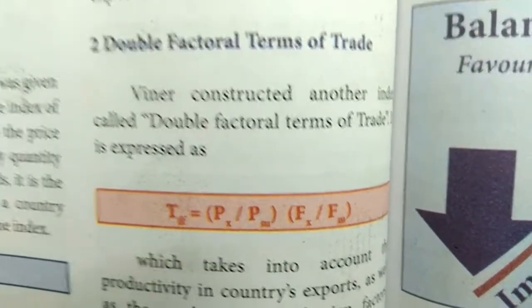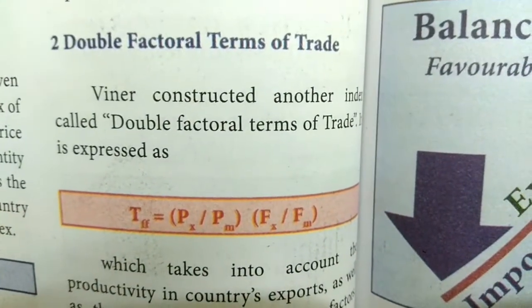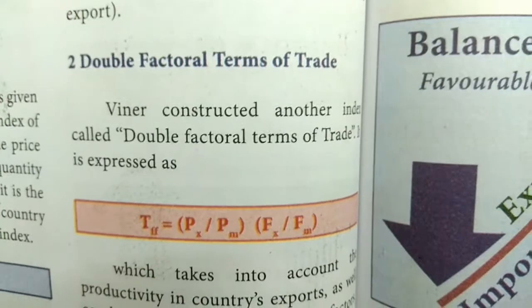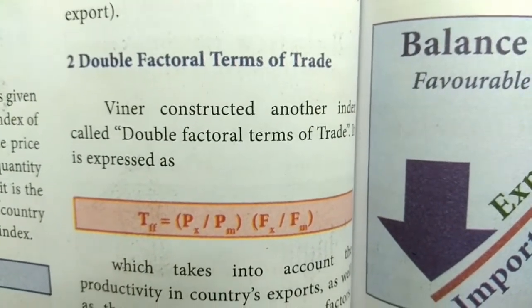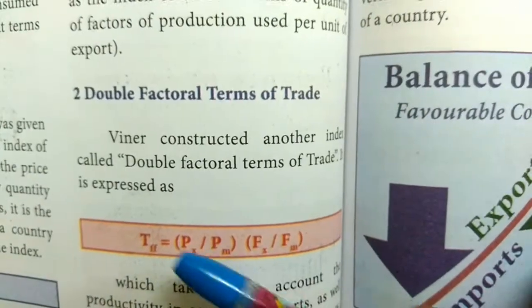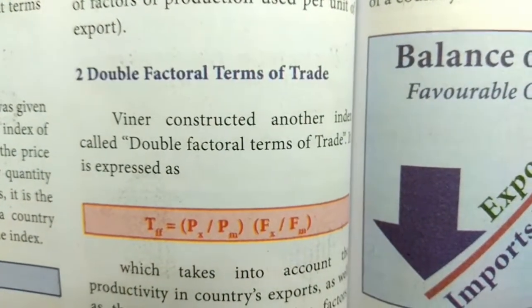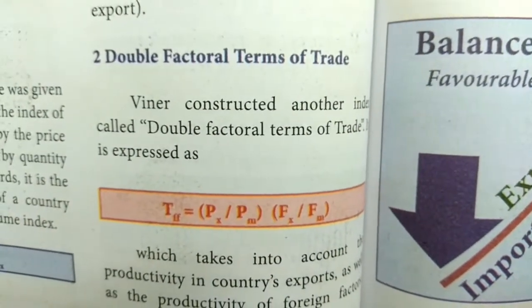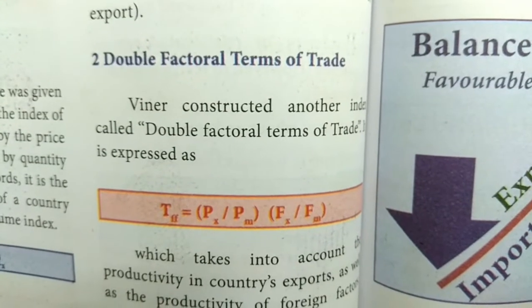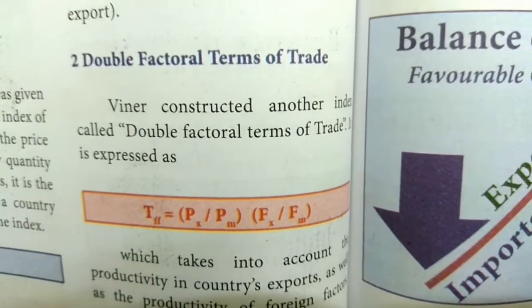It is expressed as, look here, this is the terms of trade which takes into account the productivity of the country's export as well as the productivity of foreign factors. So here FM represents the import index, which is measured as the index of cost in terms of quantity of factors of production employed per unit of imports.